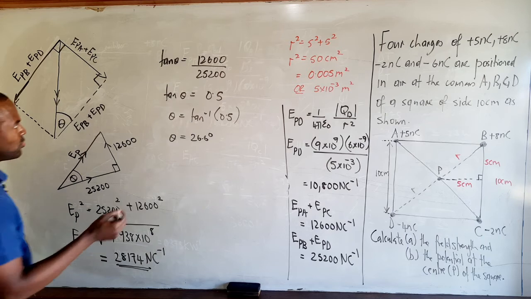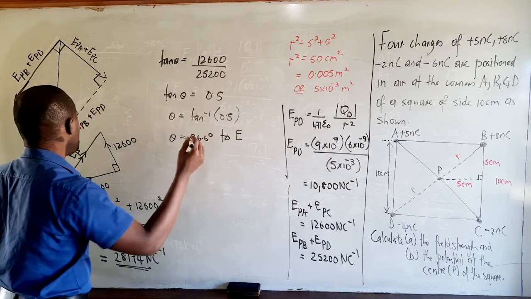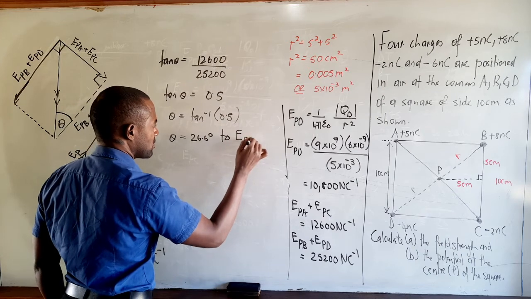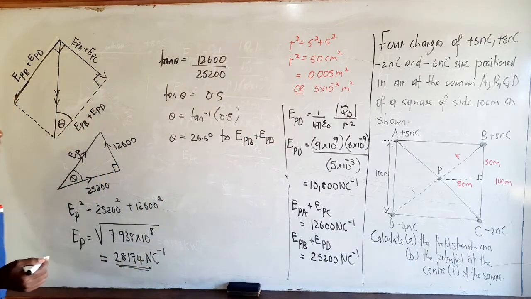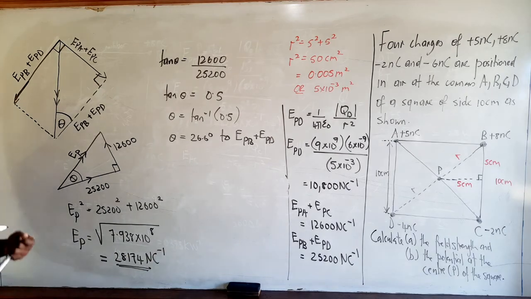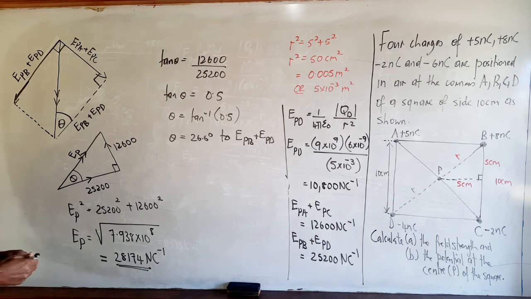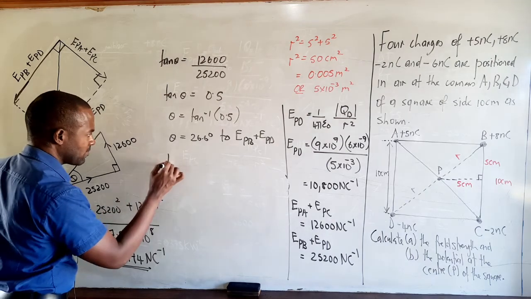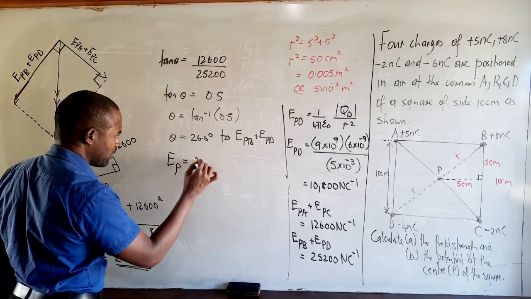We could say to EPB plus EPD. So there we have the magnitude of our field strength at P and also the direction. So we could basically now state that EP, the resultant field strength at P, is equal to 28,174.